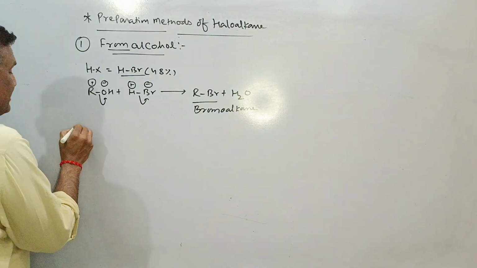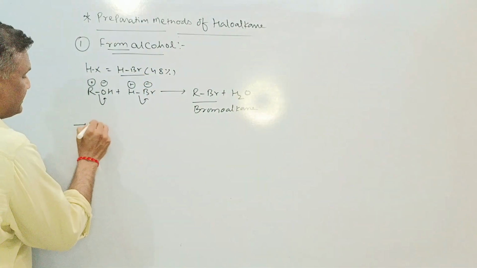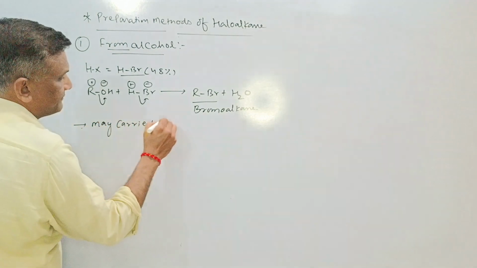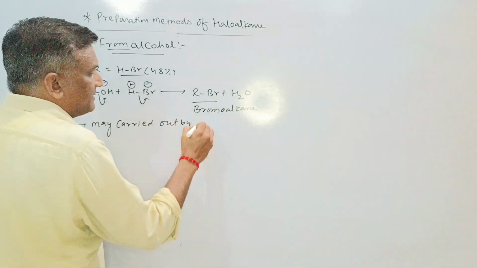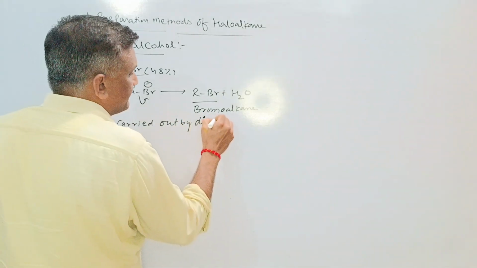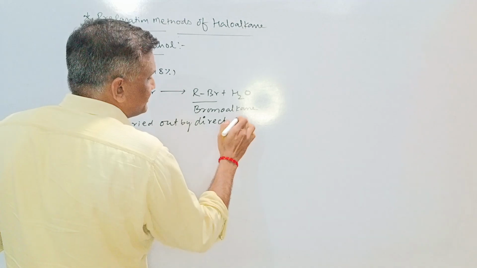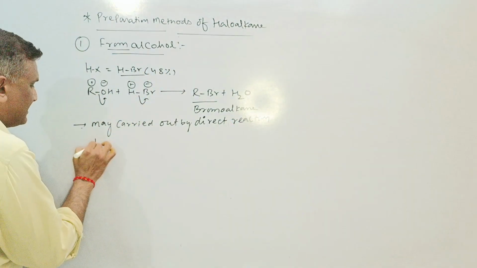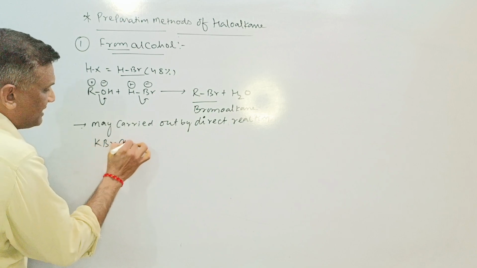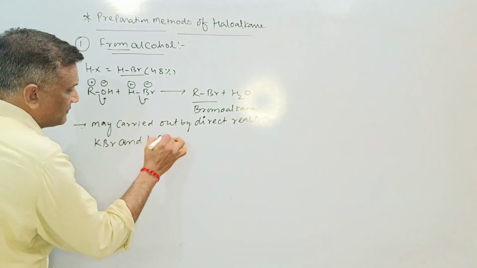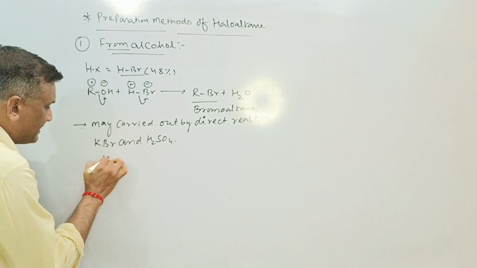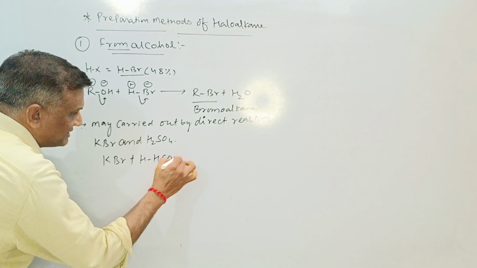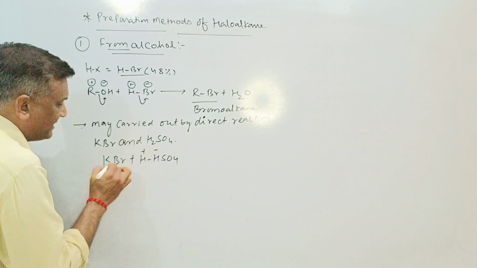This reaction may be carried out by direct reaction of KBr and H2SO4. How? This is the KBr, and the H2SO4 dissociates into H plus and HSO4 minus.